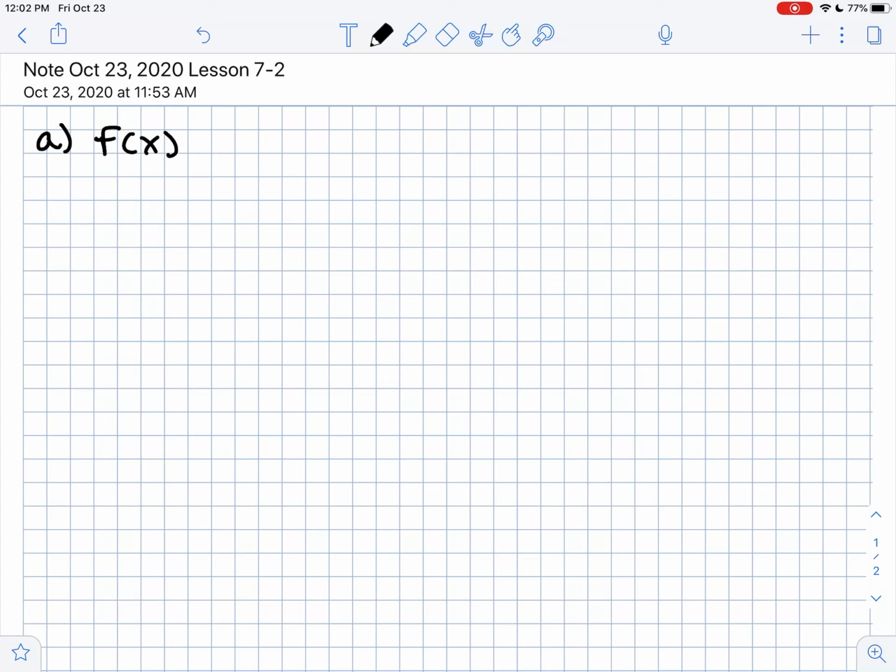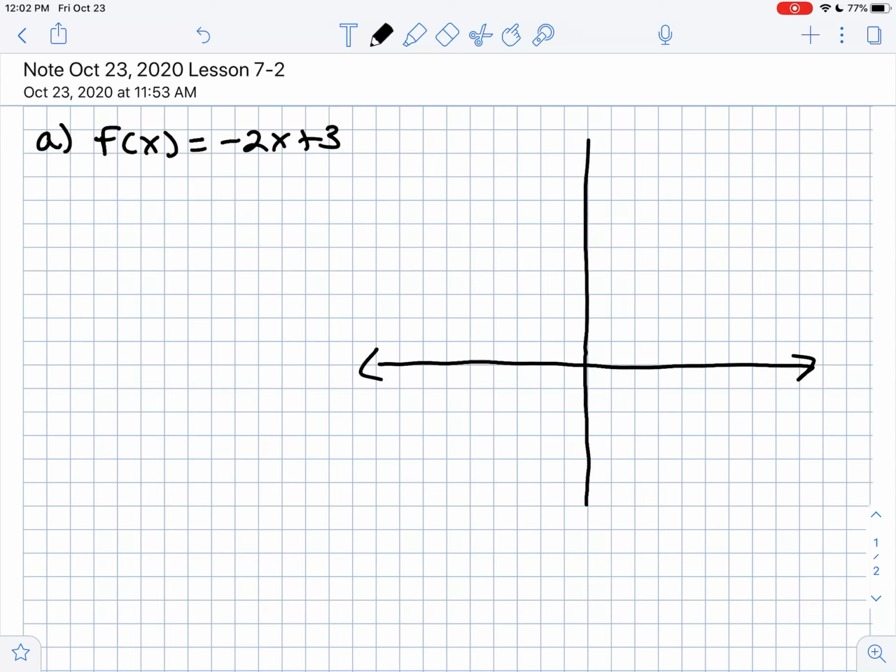This is going to be for part A, and we've got the function f of x equals -2x plus 3. I can start by graphing that one. So make a grid. There's my x-axis, and there's my y-axis.